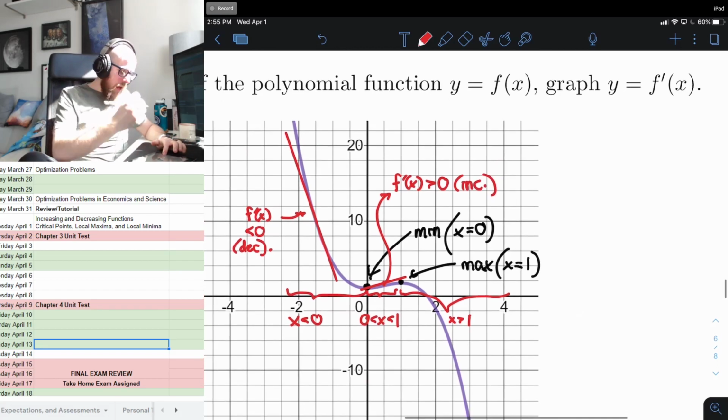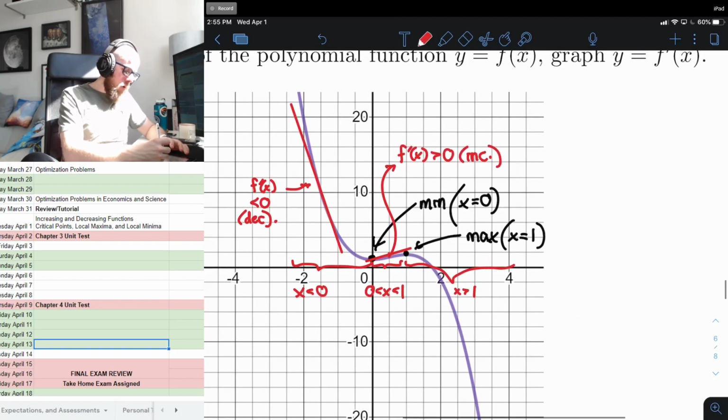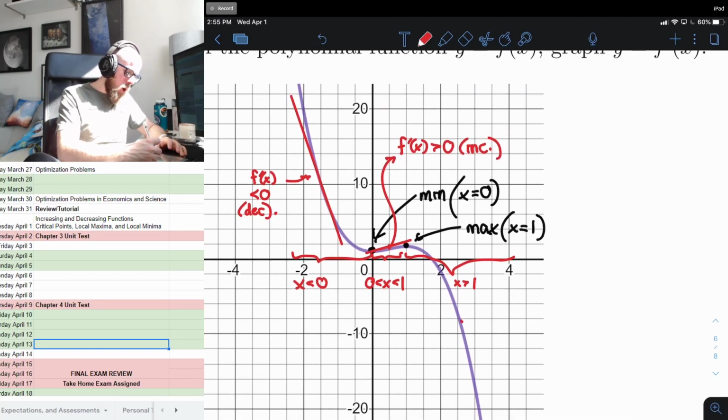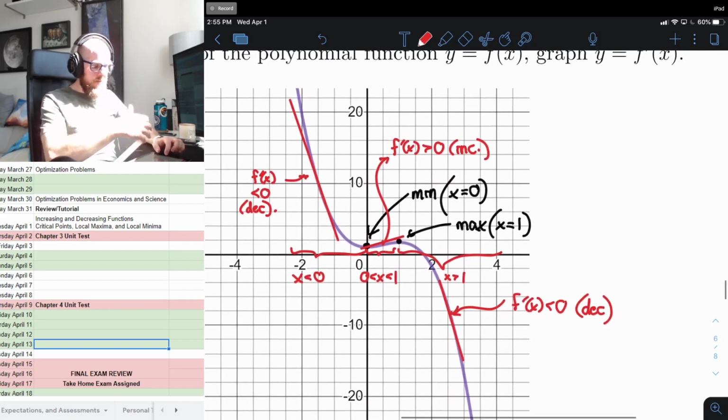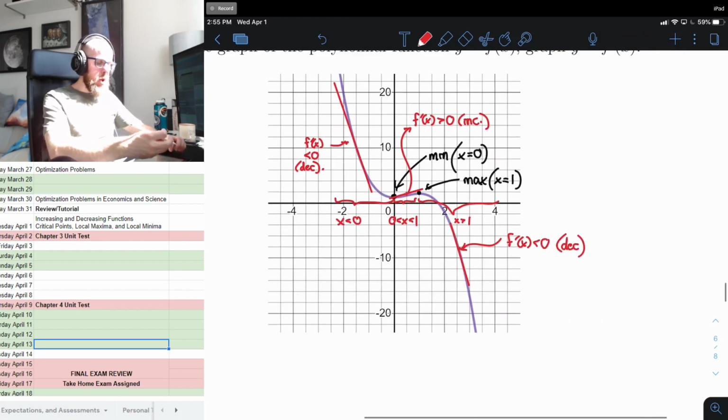And then for any x bigger than 1, when I draw my tangent line, I notice once again I am decreasing, so f prime of x is less than 0. Okay? And so this will tell me how to draw my derivative.